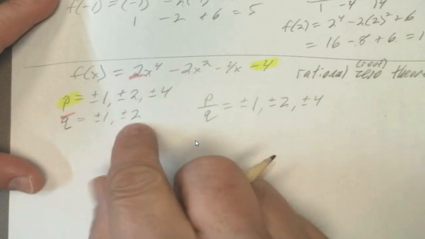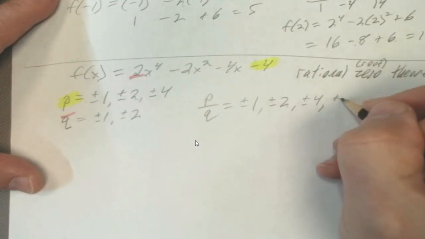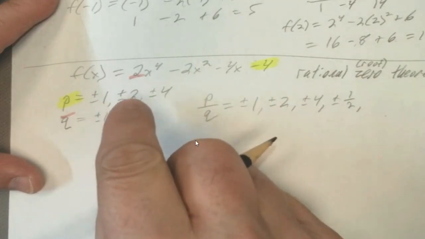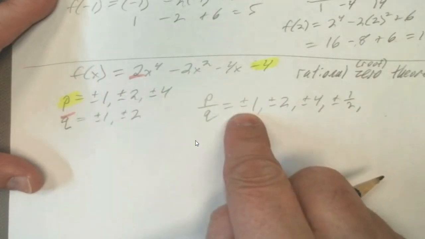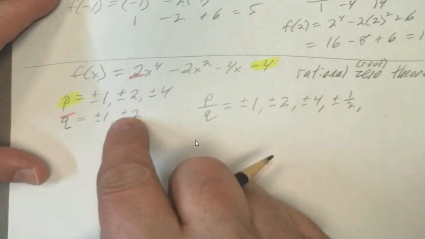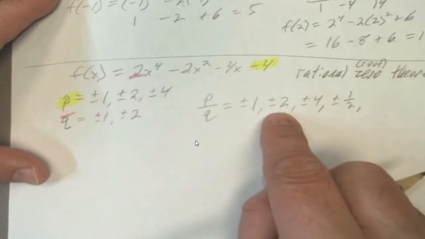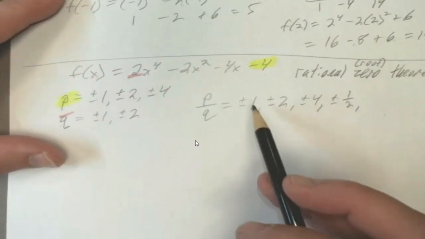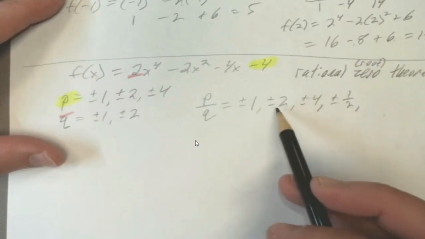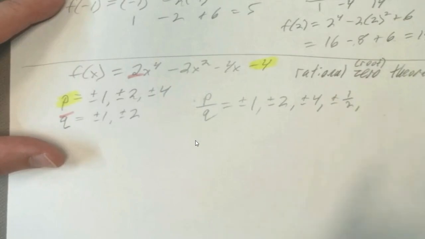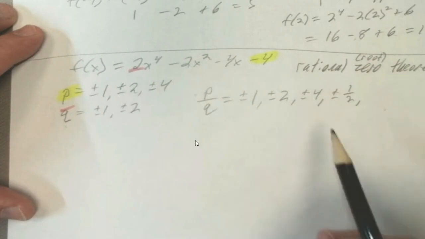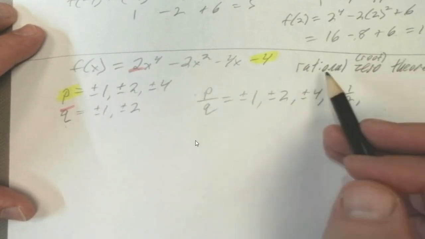Could be 1 divided by 2, plus or minus 1/2. Could be 2 divided by 2, but that's already been covered. 2 divided by 2 is 1, and 4 divided by 2 is 2. So here's the only possible zeros it could be. It could be plus or minus 1, plus or minus 2, plus or minus 4, plus or minus 1/2. But that is the only possible zeros there could be that are rational.